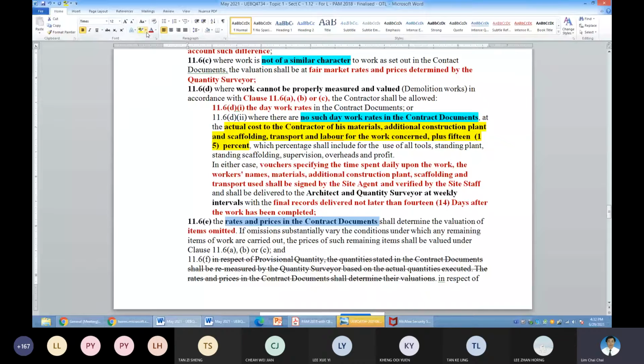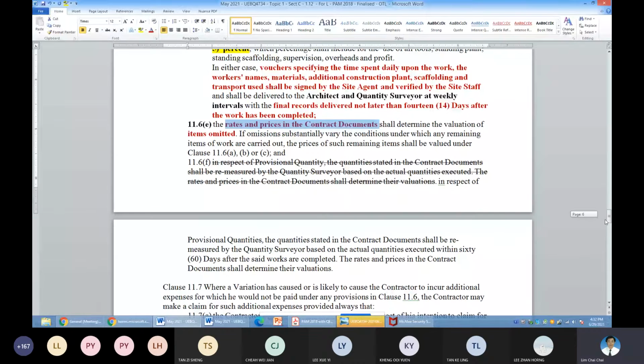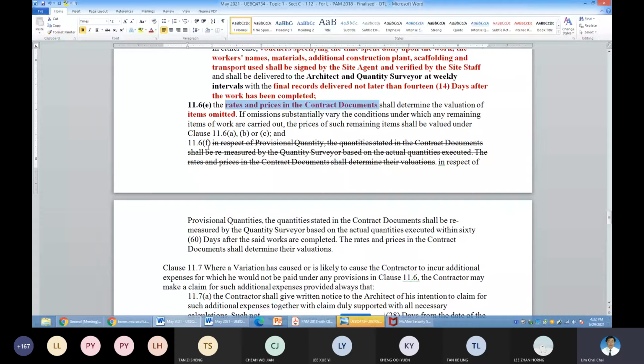So 11.6F, there's a change in the description. This is the PAM 2018 where time is introduced. There's a change and time is introduced. You can see here previously in 2016, there is no time element. Now there's a time element.